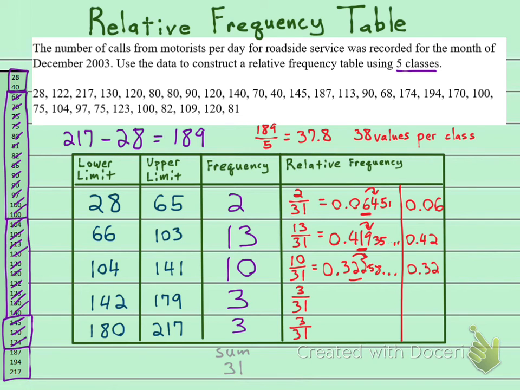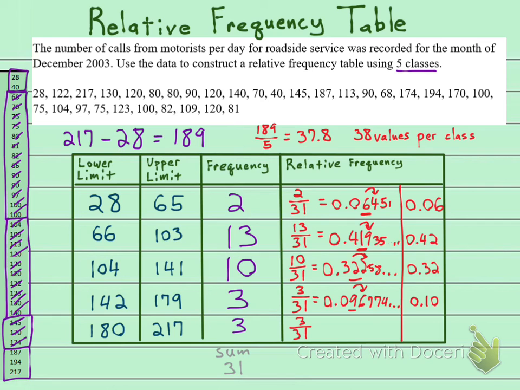3 divided by 31 is 0.096774, and on. 2 decimal places would be the 9. Look to the right. 5 or more, raise the score. So instead of 0.09, it's going to be 0.10.